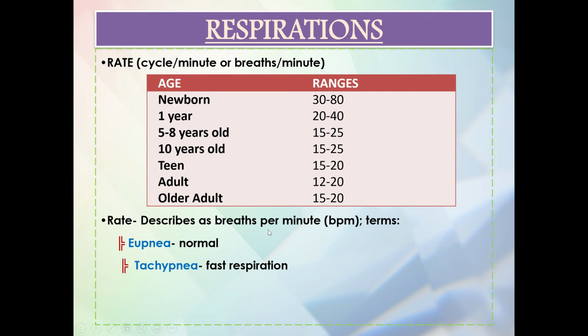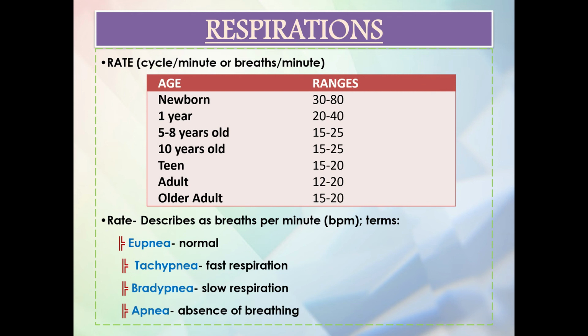That is a fast respiratory rate for an adult at 22. Bradypnea is slow respiration. For example, for teens, if we got 11 RR or 11 cycles per minute, that is bradypnea, meaning less than the normal range.